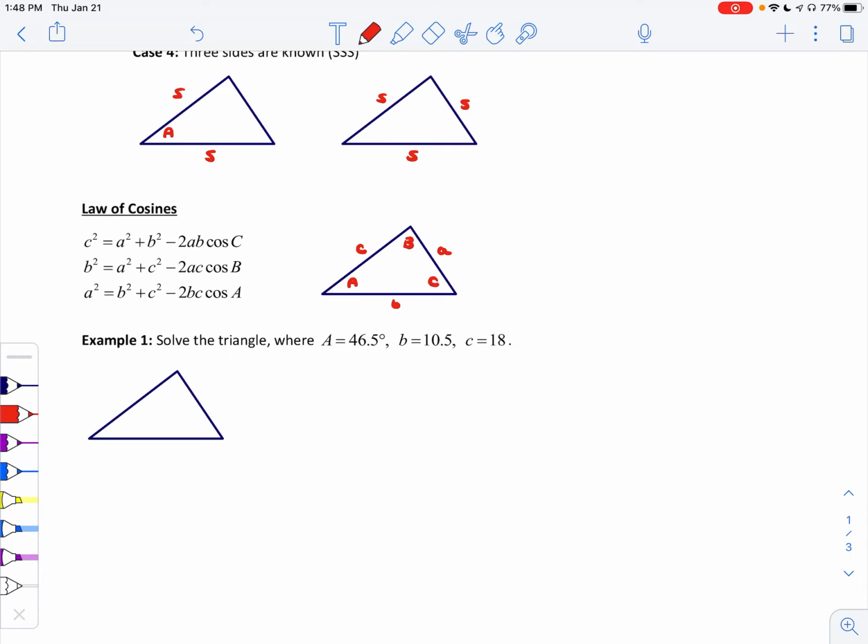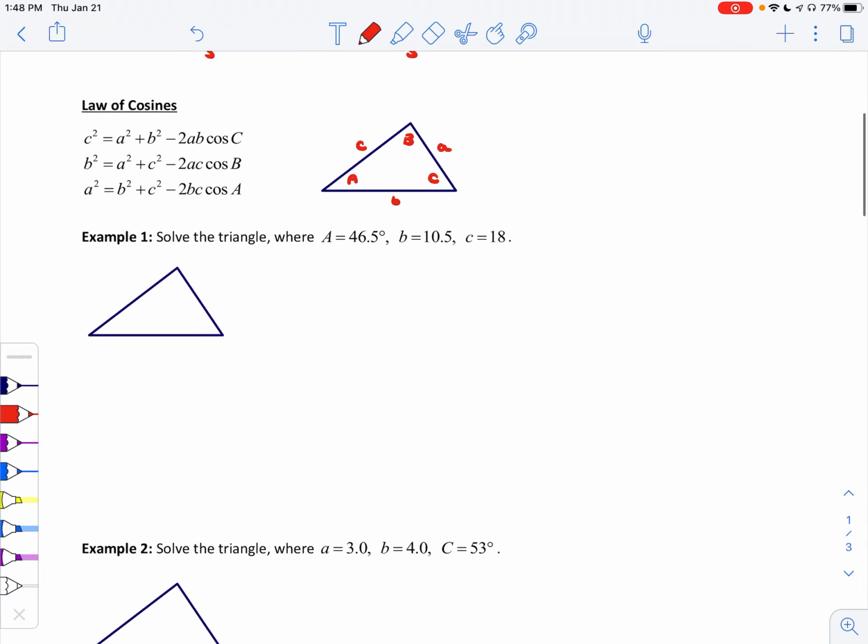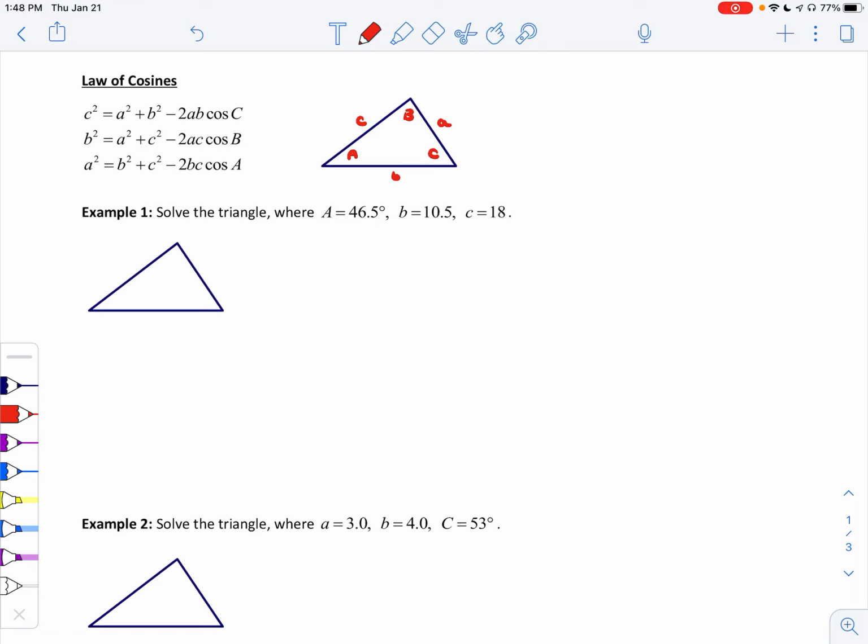Let's take a look at example one and see if we can use our law of cosines to solve this. I'm going to start by filling in my information on my triangle. Angle A is 46.5 degrees, so across from that would be my side a.